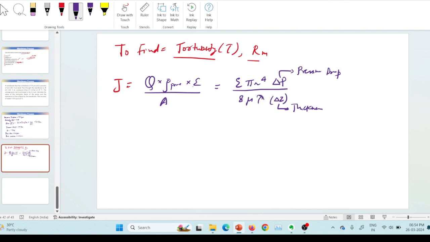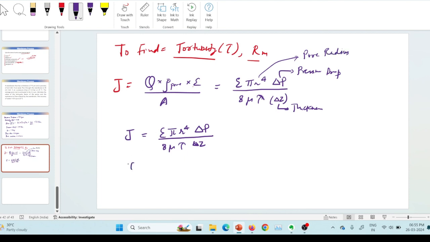Last thing we know, tau is tortuosity. J is the flux. So we need to find tau from our equation, pi r to the power 4 delta P divided by 8 mu tau delta Z. And this r is the pore radius.